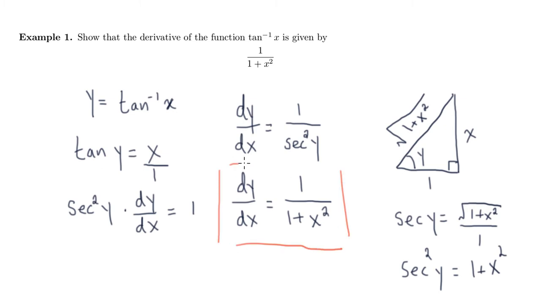And there we go. Very similar to the derivation for inverse cosine, but we just mix it up a little bit. The idea of using this right triangle to help us visualize what's going on with the trig ratio is very helpful.